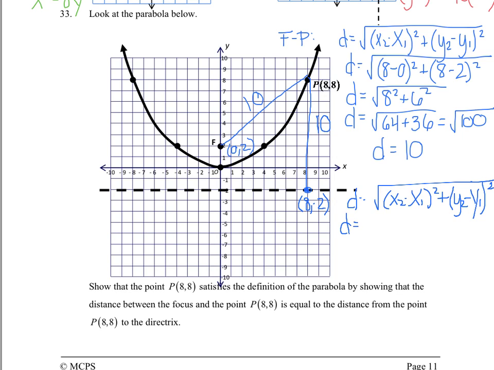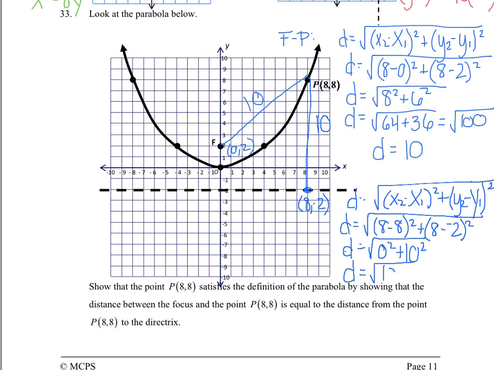So my distance is going to be 8 minus 8 squared plus 8 minus negative 2 squared. My distance is going to be the square root of 0 squared plus 10 squared, which equals the square root of 100, which equals 10.